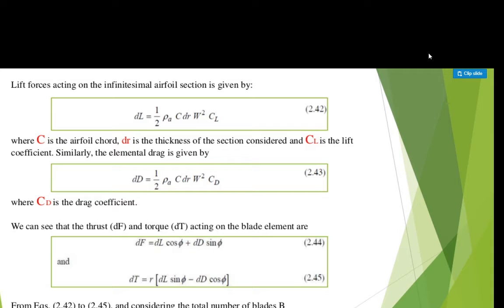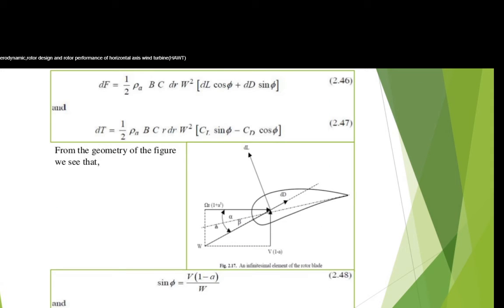Now we can see that the thrust force and torque acting on the blade element are dF = dL cos phi + dD sin phi, and dT = r(dL sin phi − dD cos phi). Considering the total number of blades B, dF = 1/2 ρ B c dr W² (Cl cos phi + Cd sin phi), where dT = 1/2 ρ B c r dr W² (Cl sin phi − Cd cos phi).